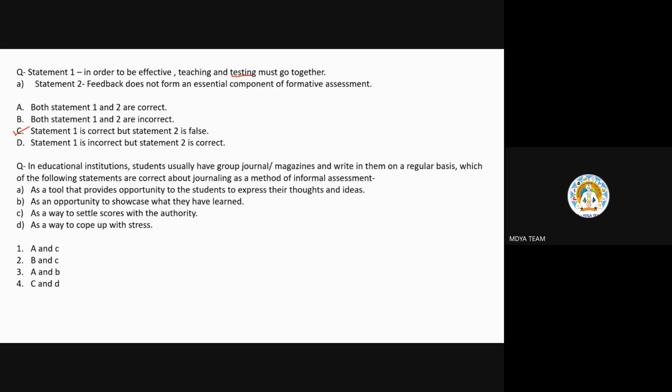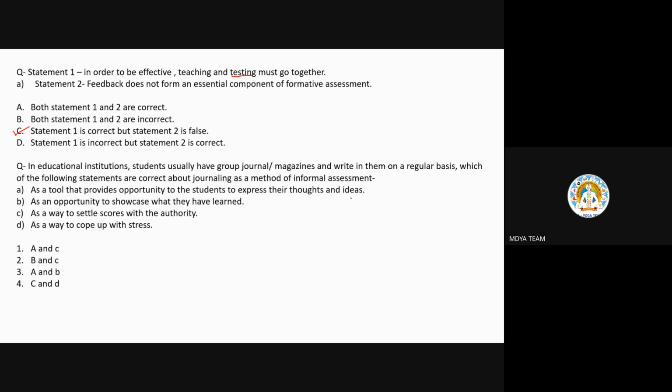If there is any journal or magazine in the school, and a student is writing in that journal regularly, and the teacher is reading it, then by reading the journal, which of the following things can the teacher learn about the learner? It can act as a tool that allows the student to express their thoughts and ideas.